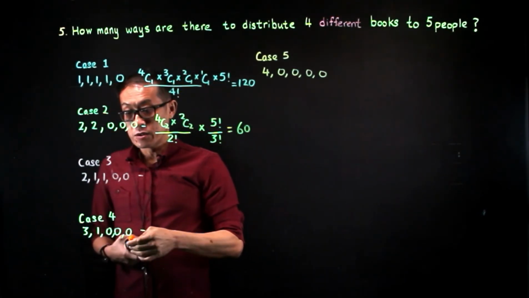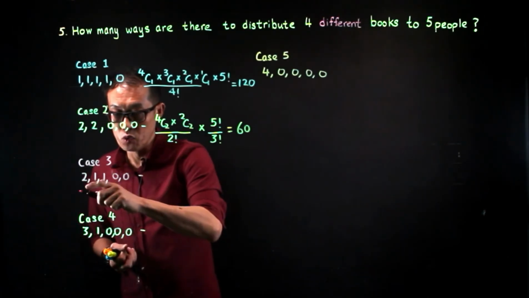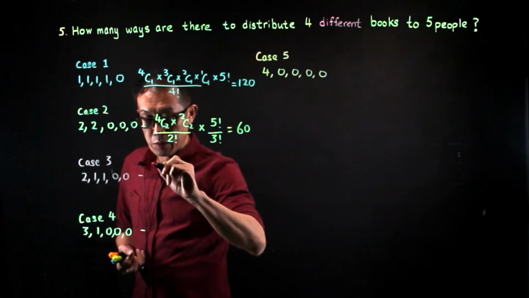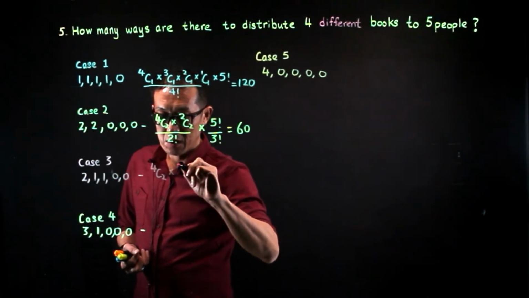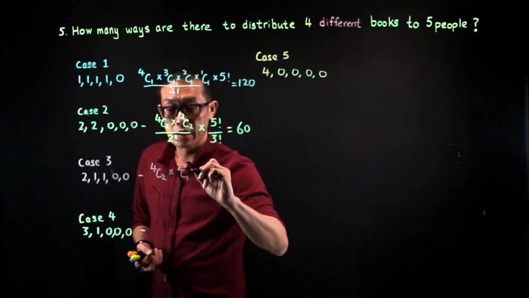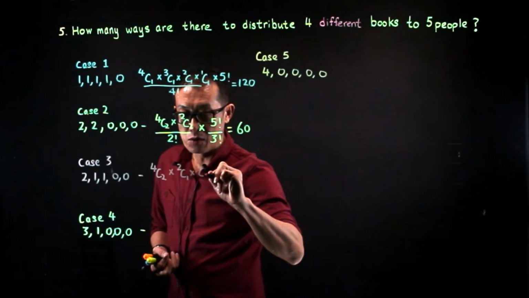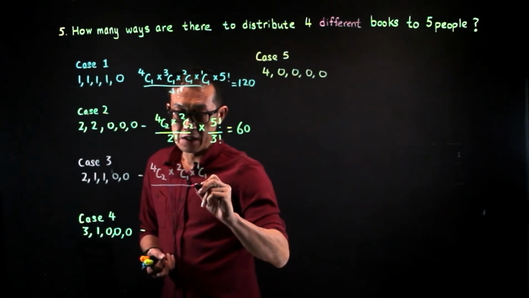Now case 3, we are dividing it into groups of 2, 1 and 1. So it will be 4C2 times 2C1, because after taking 2 books you are left with 2 books, then times 1C1. Now these 2 groups are the same, so there is permutation involved.